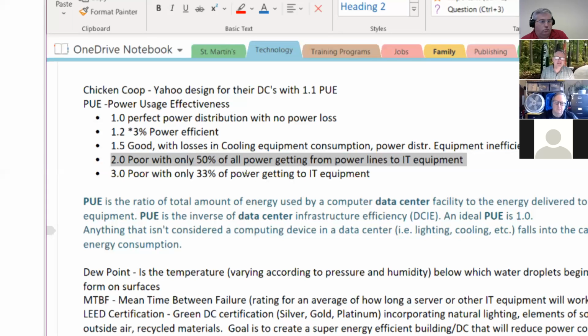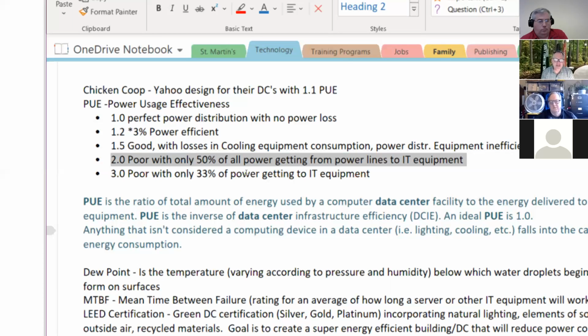And that's a competitive advantage, because power is the largest cost of a data center. It winds up being that because you pay your power bill year after year after year. To build the data center was only so much cost.